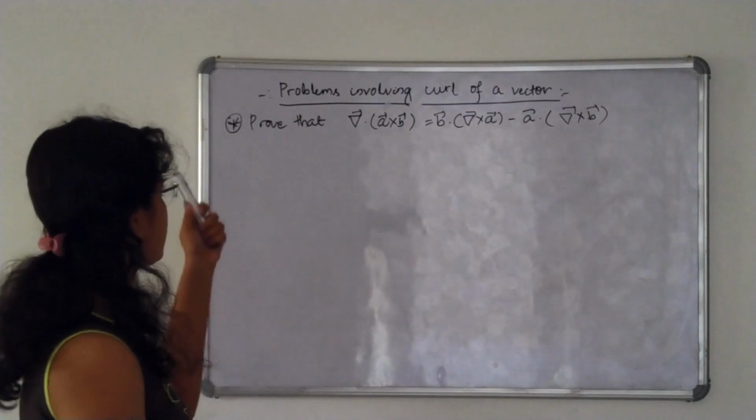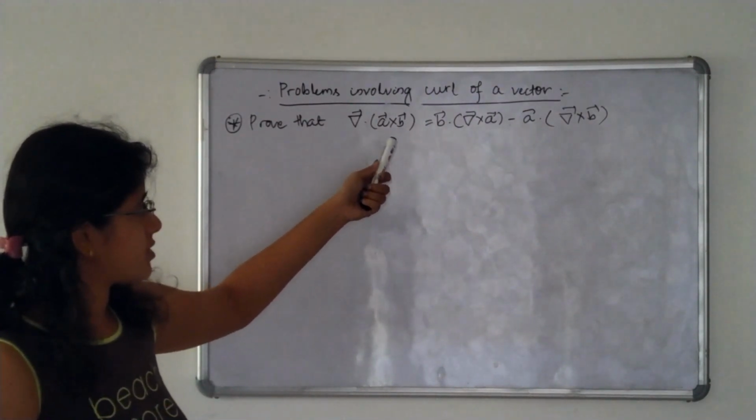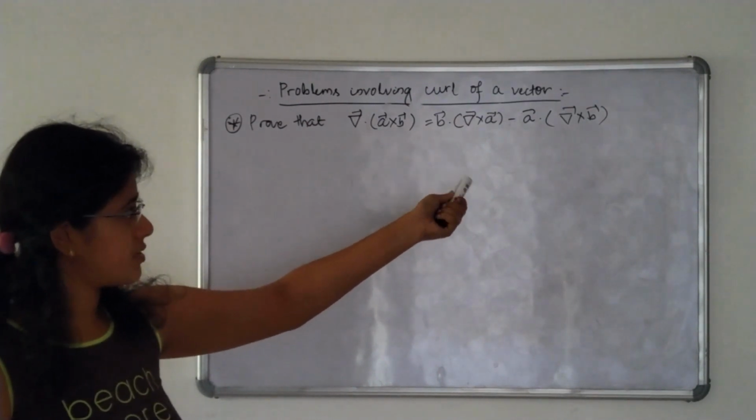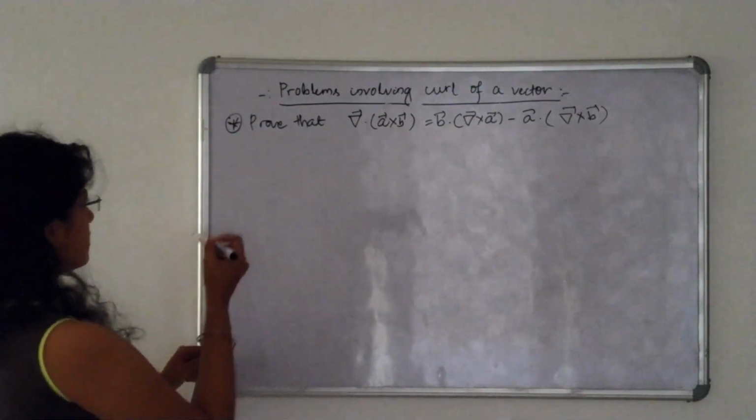Next question is, prove that del dot a cross b vector is equal to b dot del curl of a minus a dot curl of b. Okay.